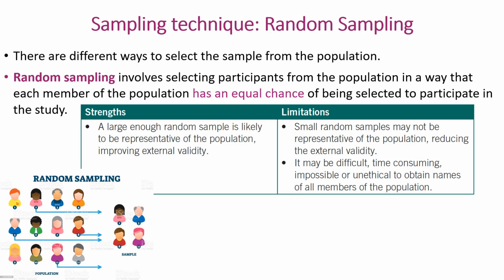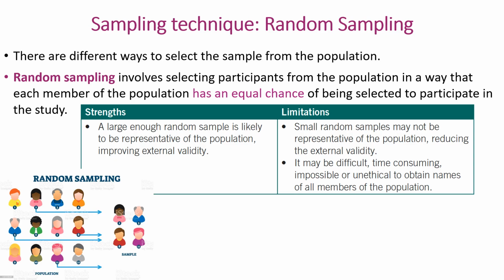for the exam. So random sampling, three things we need to be able to do with both techniques: explain how we can implement it and discuss a strength compared to the alternative method and a limitation. So random sampling is simply selecting participants from the population so that every member of that population has an equal chance of being selected.